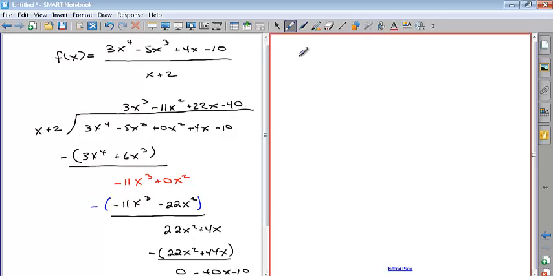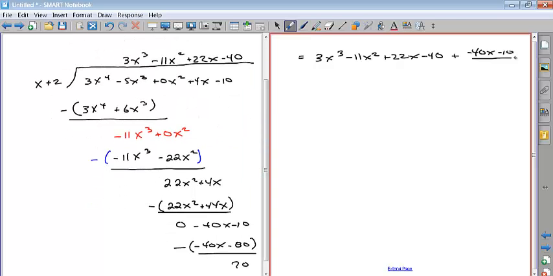So what I can do is say that this original equation can be rewritten as 3x cubed minus 11x squared plus 22x minus 40, plus x, pardon me, 40x minus 40x minus 10 divided by, oh wait a second, my remainder was 70.